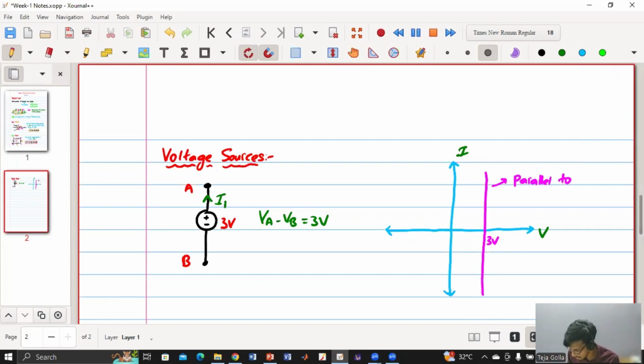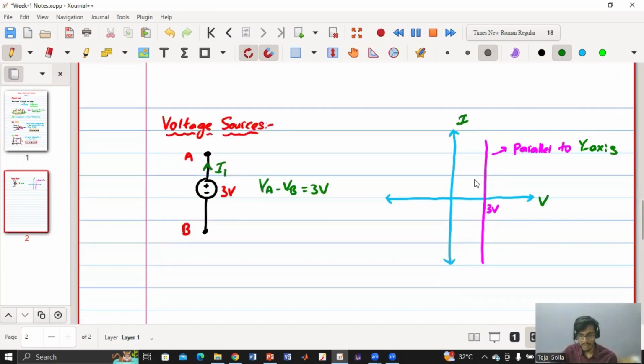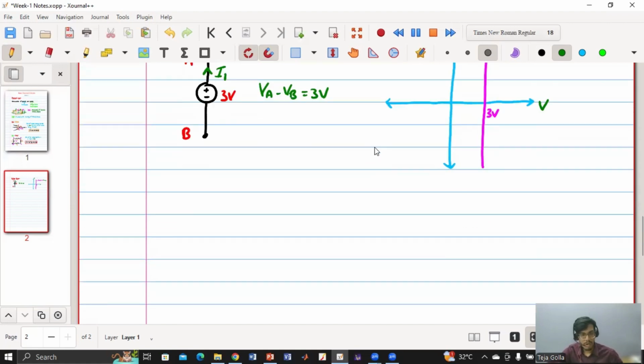Because the voltage is always the same, the x coordinate value is always the same irrespective of the y coordinate, so it is parallel to the y-axis, with x coordinate of 3 volt. If it is 5 volt, then it will be shifted to 5 volt. If it is minus 3, then it will be on the left hand side of the y-axis. So this is all about voltage source.